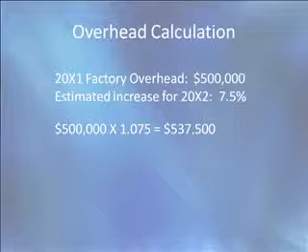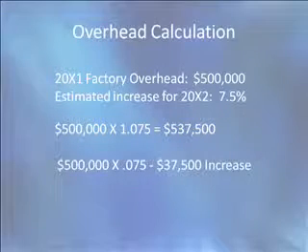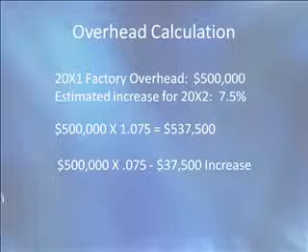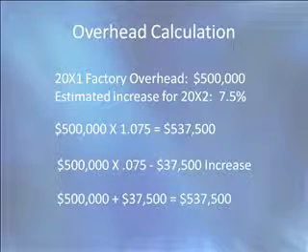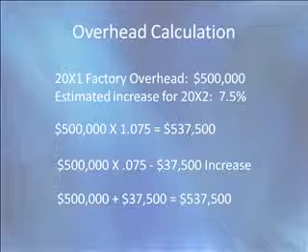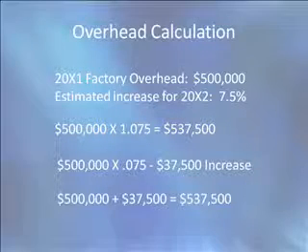This gives the total estimated for X2 to be 537,500. A two-step approach is to first determine the amount of the increase. The 500,000 times 0.075, a $37,500 increase. The second step is to add the X1 amount to the amount of the estimated increase to arrive at that 537,500 estimated amount for X2.